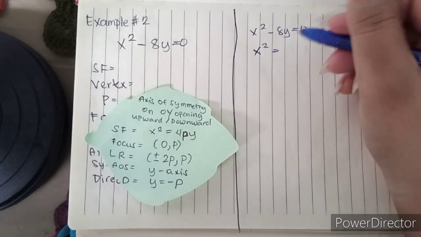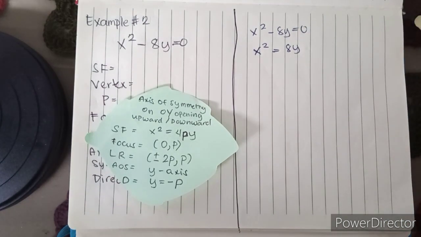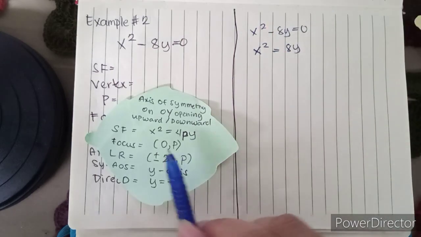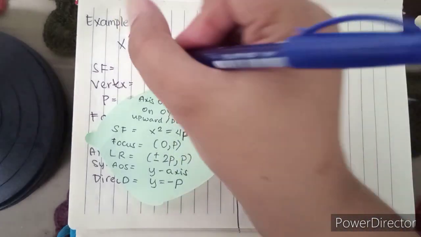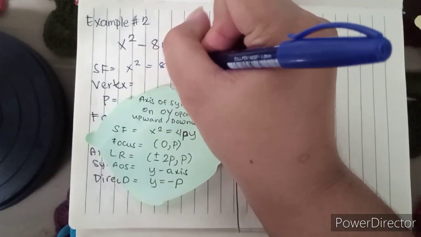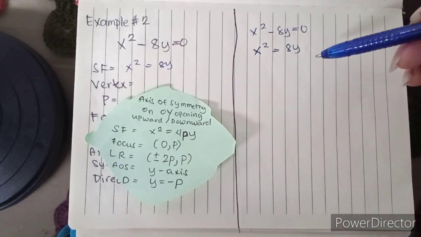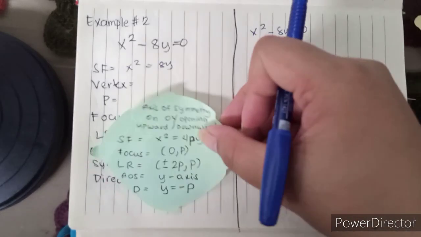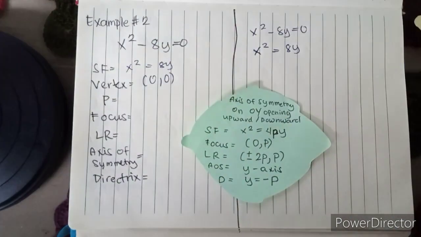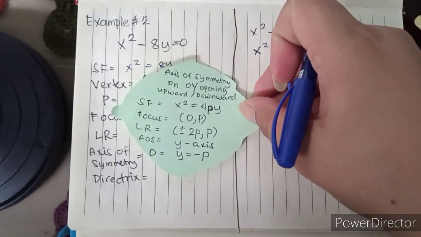So, from -8y, magiging positive 8y siya ngayon. Okay, so this is already the standard form kasi parehas na sila. So, let's rewrite it here. So, we have x squared is equal to 8y. Then, since wala tayong value ng h and k, alam na natin na ang ating vertex ay at (0, 0).